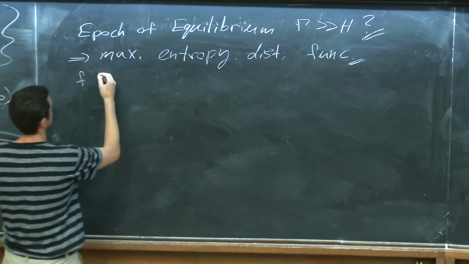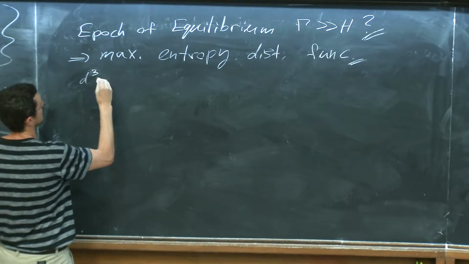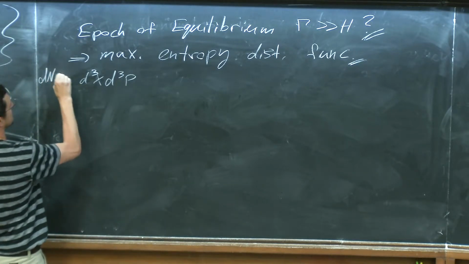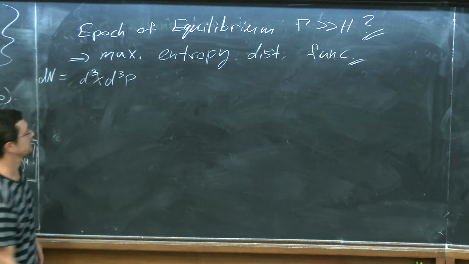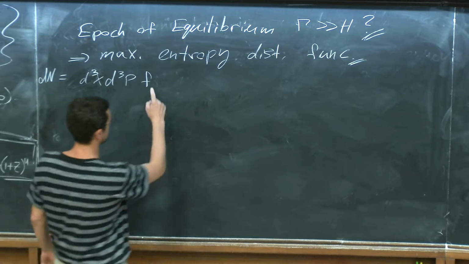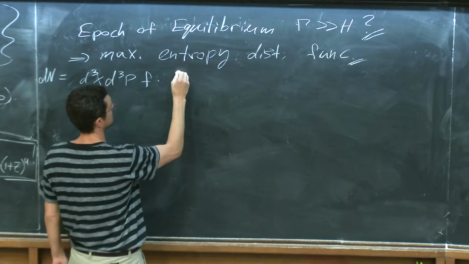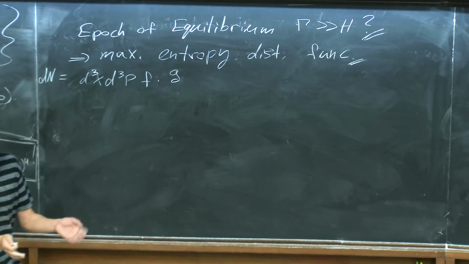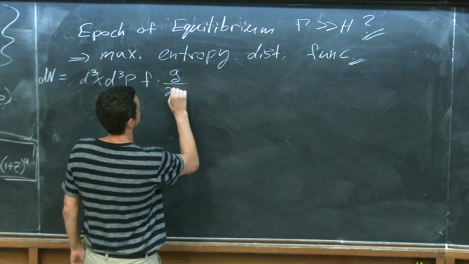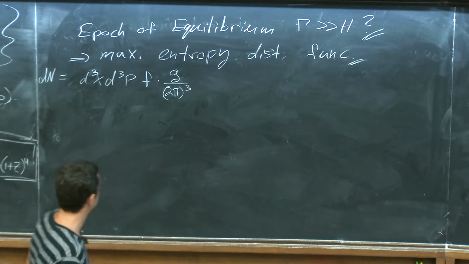So the distribution function for a particle is defined as follows. If you look at a chunk of phase space, d3x d3p, then the number of particles in this phase space chunk is given by the phase space volume multiplied by the distribution function, and by definition I will include a multiplicative factor of the number of degrees of freedom, say summing over photon helicities, g over 2 pi cubed, just to work with the natural phase space, okay?